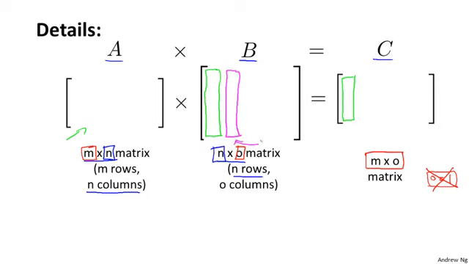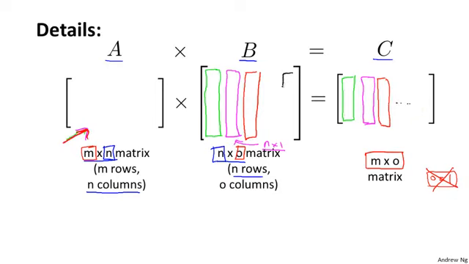This column here is n by 1, an n-dimensional vector. I'm going to multiply this matrix with this n by 1 vector. The result will be an m-dimensional vector, which I'm going to put there, and so on. Then I'm going to take the third column, multiply it by this matrix, and get an m-dimensional vector, and so on until you get to the last column: the matrix times the last column gives you the last column of C.